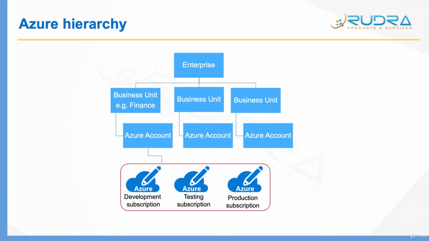So you can have a dedicated AD tenant for finance and a dedicated AD tenant for HR, and you start creating subscriptions under the tenants. Okay, so this is how you will organize at the highest level if you go with an enterprise agreement. But from that point onwards, everything is the same as what I showed you in the previous slide.